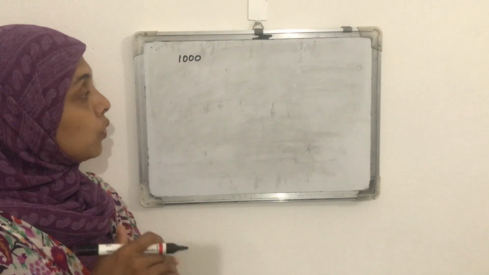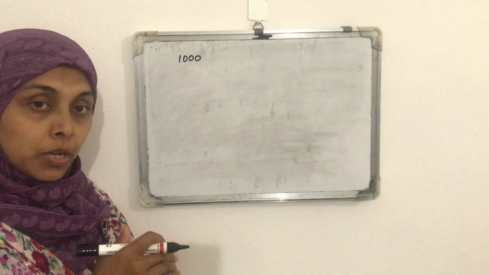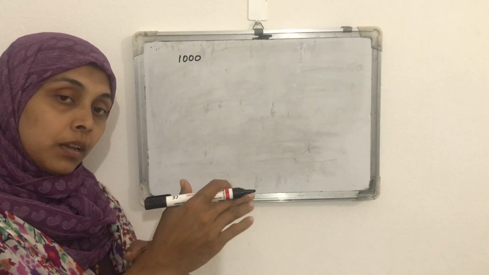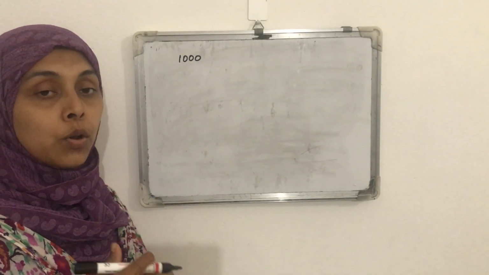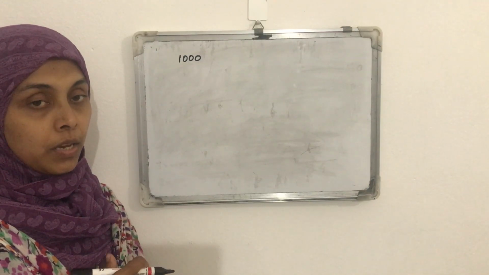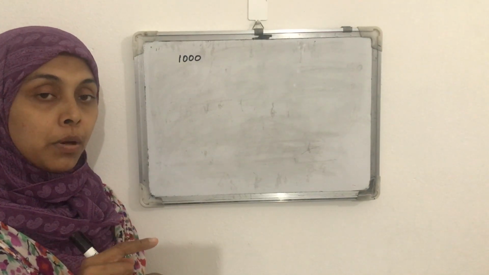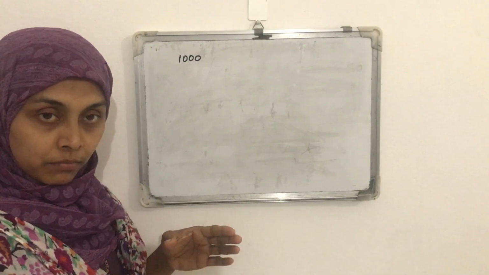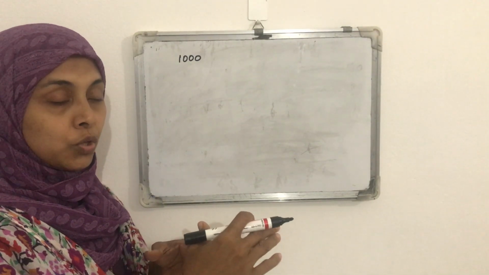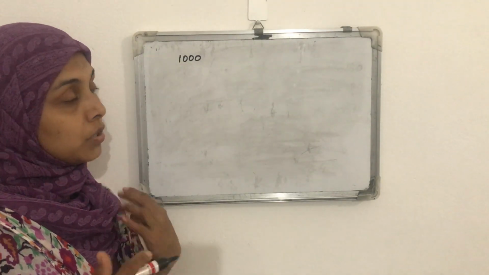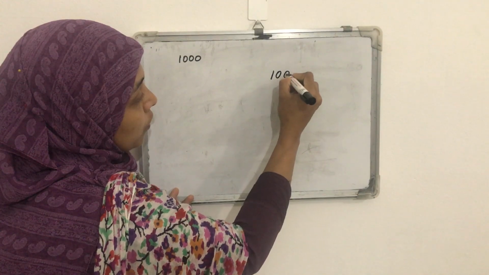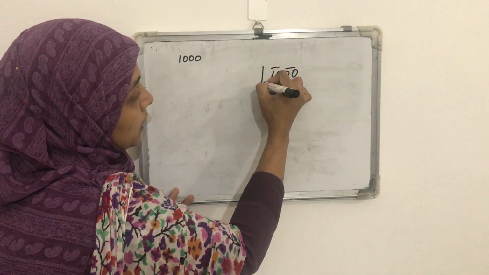So first we want to find out, is it possible to arrange 1,000 plants in the same number of rows and columns? If it is a perfect square number only, then it is possible to arrange in a square type. That is, the number of rows should be equal to the number of columns. So for that we are finding the square root of the given number 1,000.